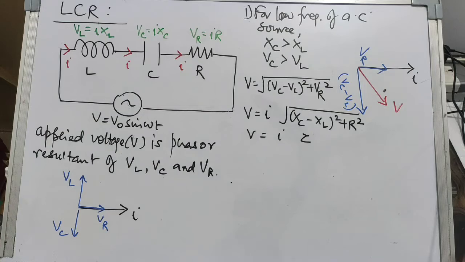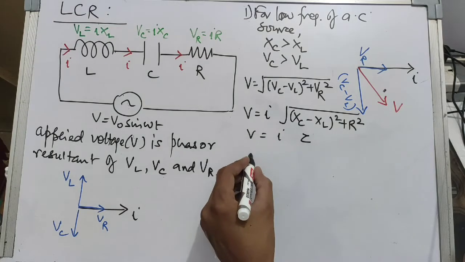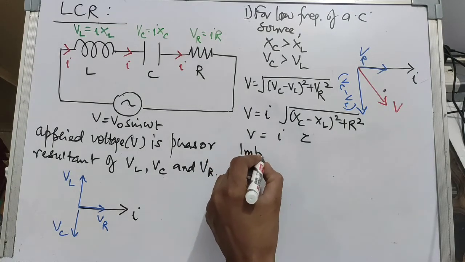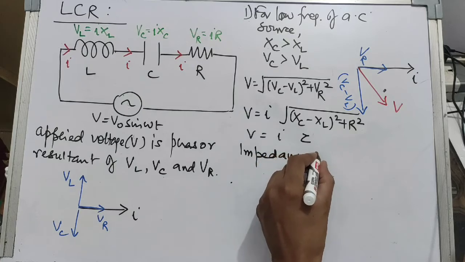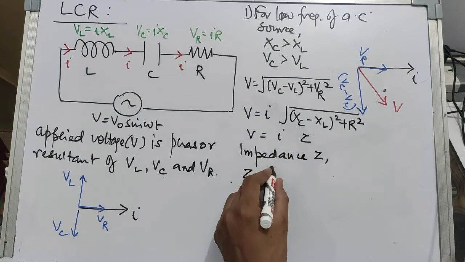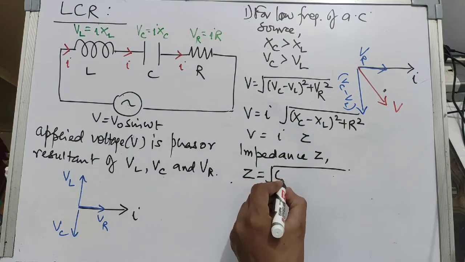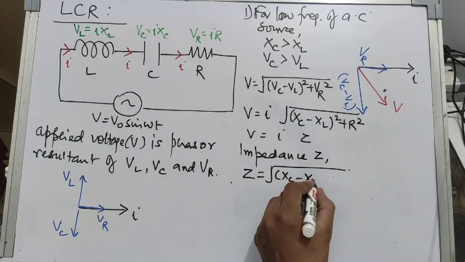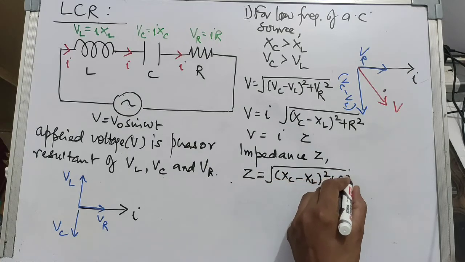That's the total resistance, the collective resistance offered by these three elements to the flow of the AC current. So that is Z, the impedance of the circuit. So the impedance of this LCR circuit is simply the square root of (XC minus XL) square plus R square.